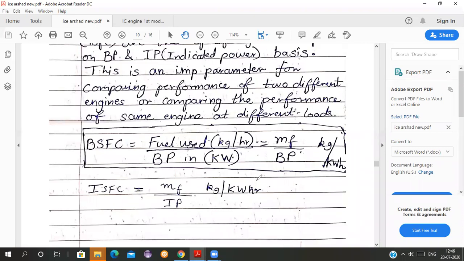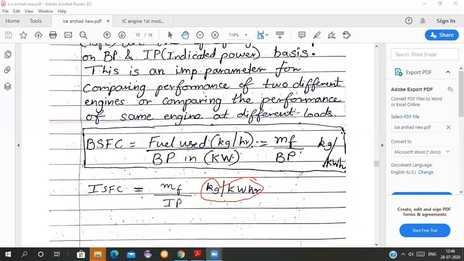Which will be more, students? Will indicated specific fuel consumption be more, or brake specific fuel consumption? Yes, anyone? You can message me.